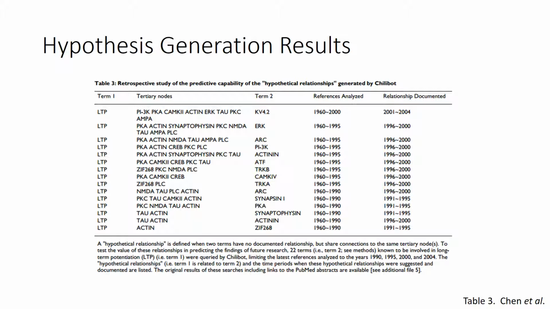Really it goes column 1 is C, column 2 is B, and column 3 is A. So the last few columns show that limiting the literature to before 1995 still allows you to find relationships, which is very cool.